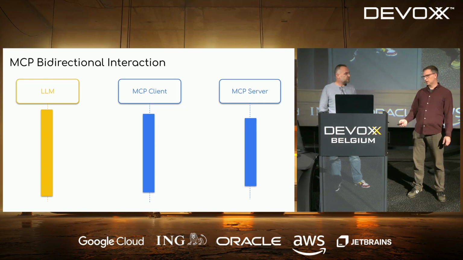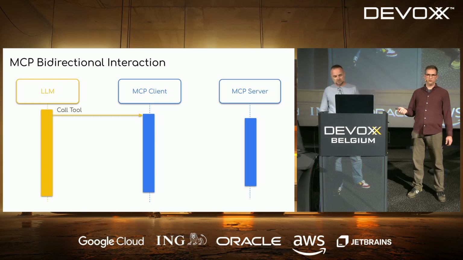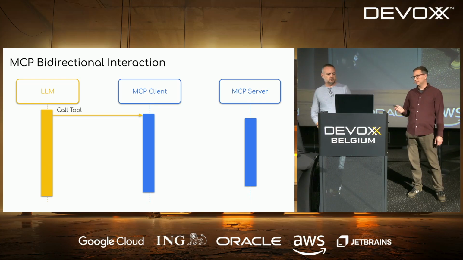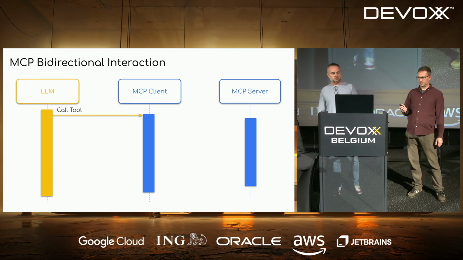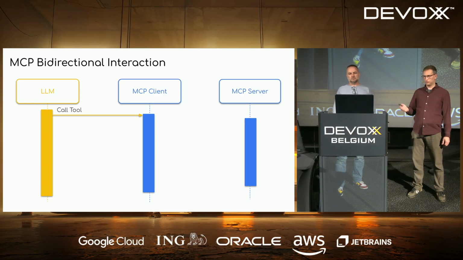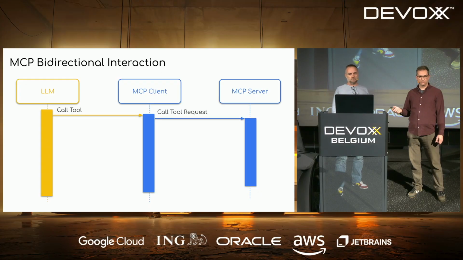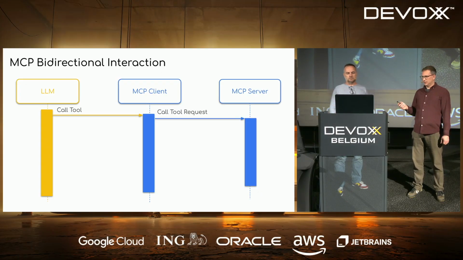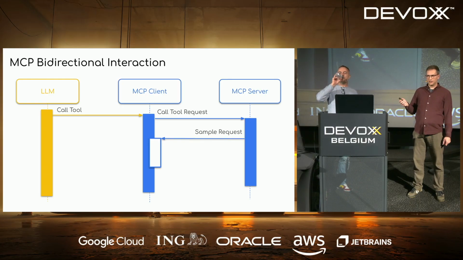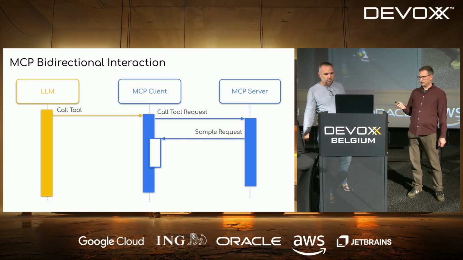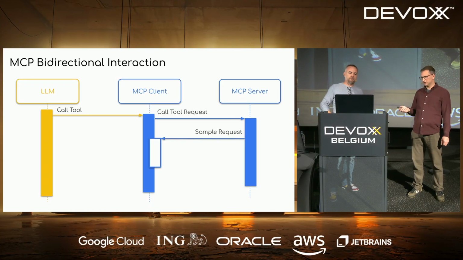So let's see what happens. The LLM decides to call a tool: I want to book tickets. And the MCP client is the one that talks to the LLM, but it needs to call the tool on the MCP server. So that's the next request that comes in. And the MCP server now wants to extract some information out of the LLM, so it has to go through the client to ask for a sample of the LLM capabilities to provide some creative data.